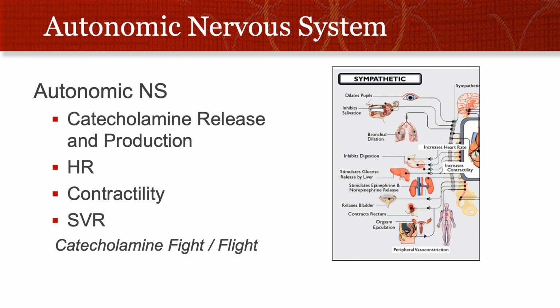The autonomic nervous system starts to release catecholamines and make more catecholamines, and these impact our heart rate, our contractility, and our SVR, all of which to varying degrees will go up. This is all consistent with the fight or flight reflex.